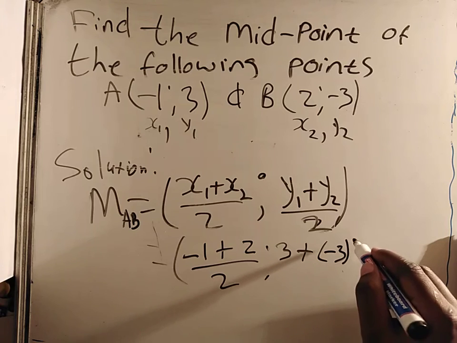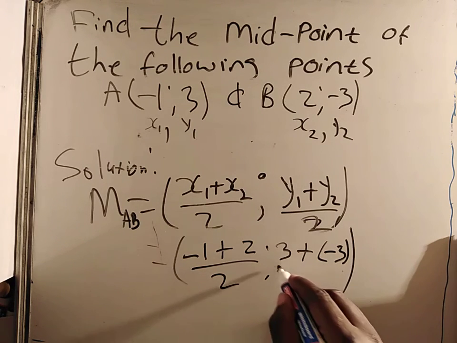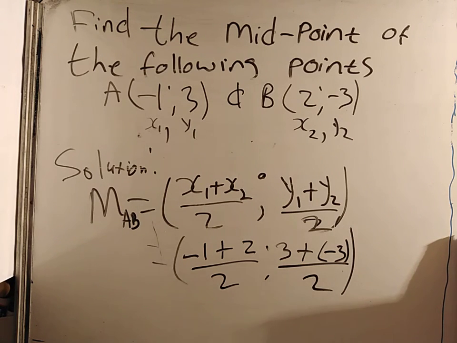Guys, don't forget that when you are dealing with a negative number, you must always put a bracket with it so that you can deal with it properly. Right, so minus 1 plus 2 is 1, and then divided by 2, it's a half, and then 3 minus 3 is what? Very nice number. 0 divided by 2 is 0, so here it's 0.